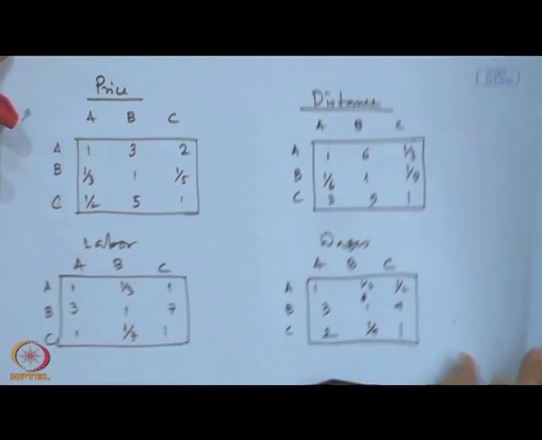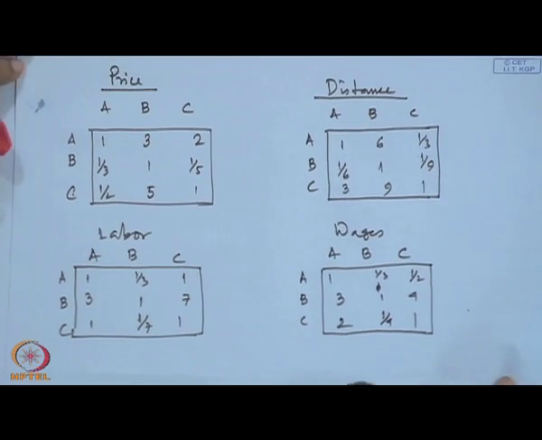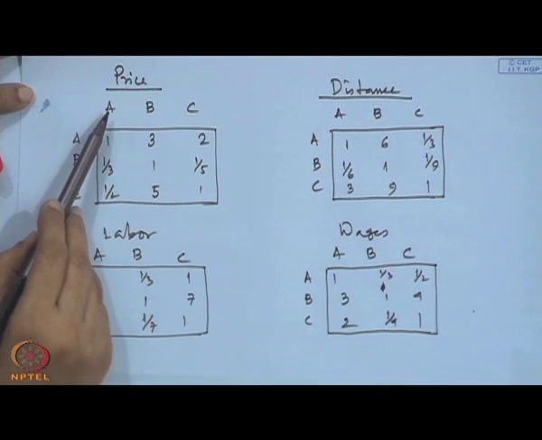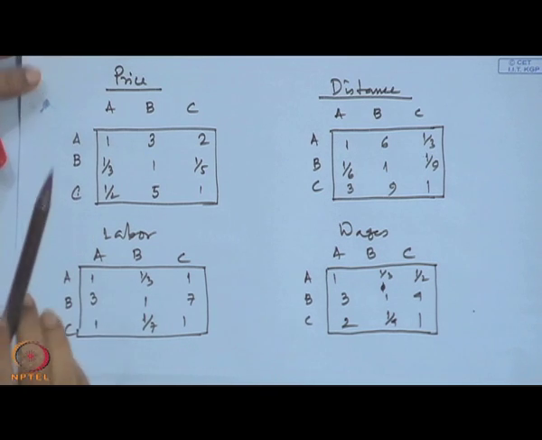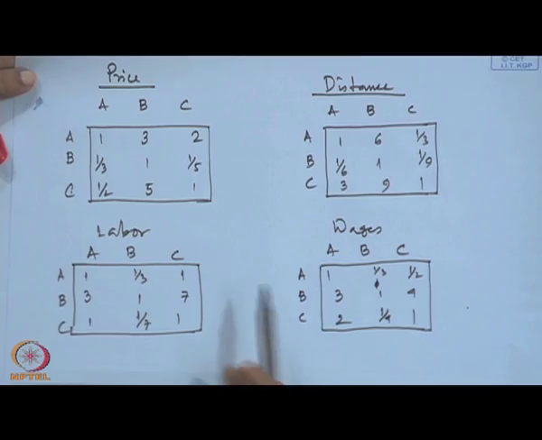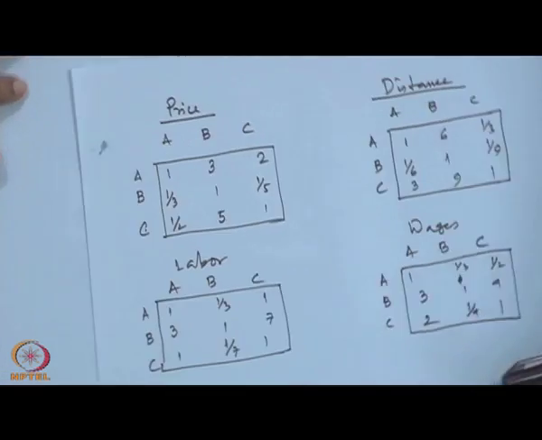Okay, that is the information given to us. These are all the pairwise comparisons of the alternatives with respect to a certain criteria. Since for this problem we are having 4 criteria with us, that is why we have done in this way.